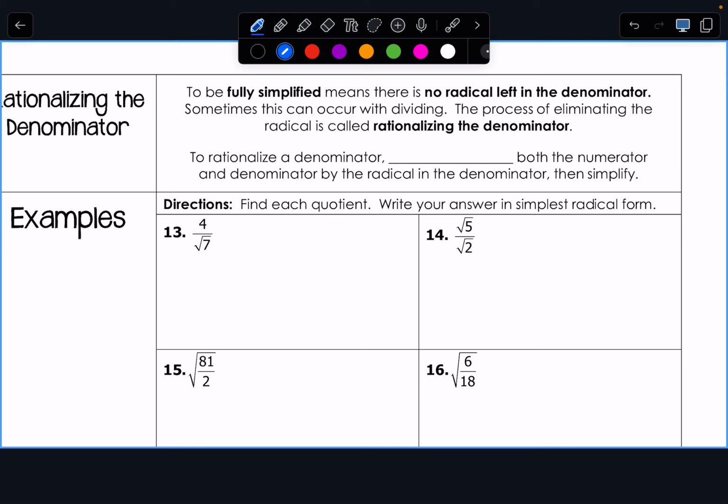They do not belong in a denominator. We need an integer downstairs. Okay? So, if we have a radical in the denominator, then we need to multiply both the numerator and denominator by the radical from the denominator and then simplify.